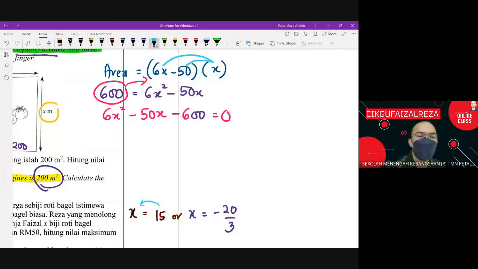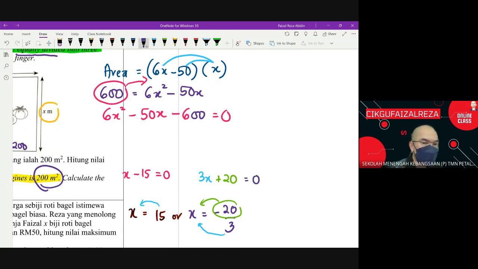15 to the left, so I'm going to get x minus 15 equals to 0, isn't it? Okay, and then for this one, I'm going to bring 3 to the left. I'm going to get what? Divide, bring to the left, times. So 3 times x, 3x, and then I'm going to bring negative 20 to the left, yes, plus 20, and this one also equals to 0.